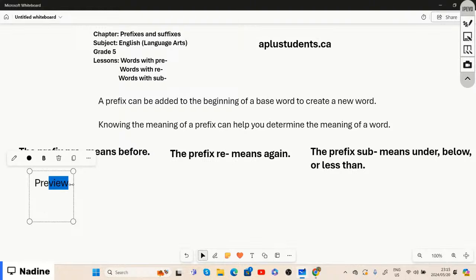Then we also have a word prevent. These are also words that start with pre, just random words that I'm coming up with. Prevent. If you look at the word prevent, when will they usually tell you to prevent?